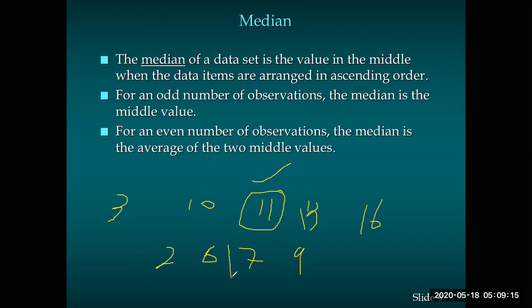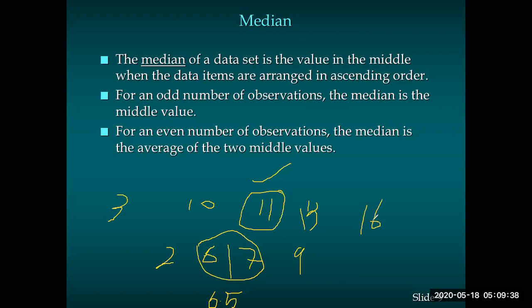Here is the middle value. But you see there is no number in between. But I can average these two. So the average of these two is 6.5, sorry, not 7, 6.5. That is my median. So this is how we identify the median.